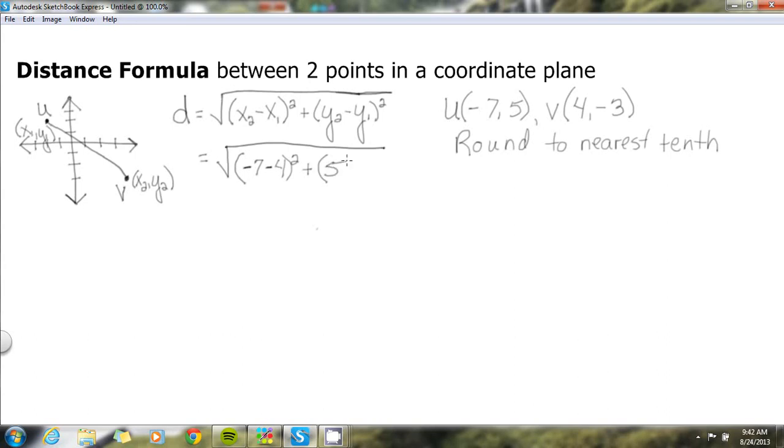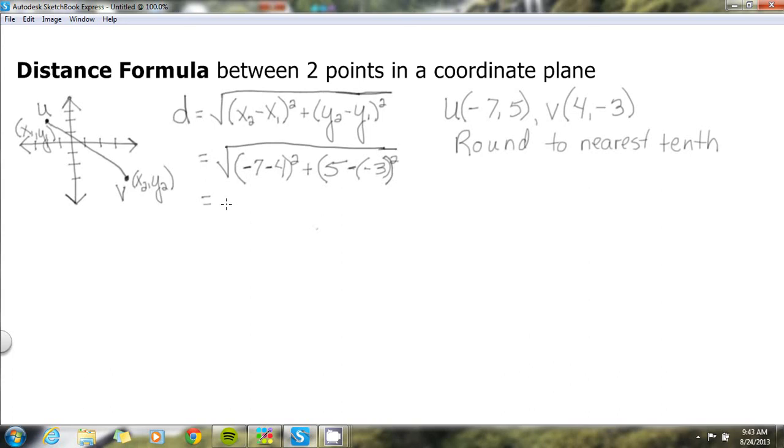So I put 5 minus point V's y, -3, quantity squared. Make sure you've got your square root there. Oops, forgot to close my parentheses. There we go. Now, again, make sure that you've got your points in order.